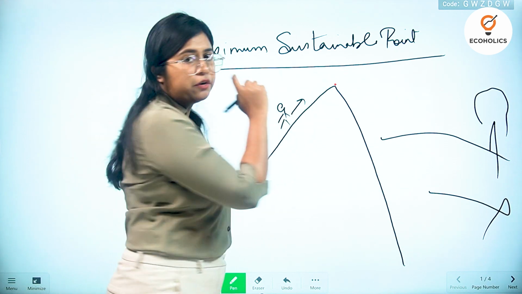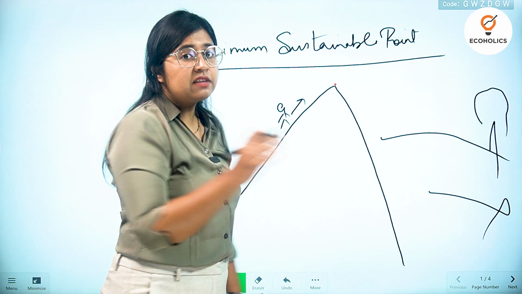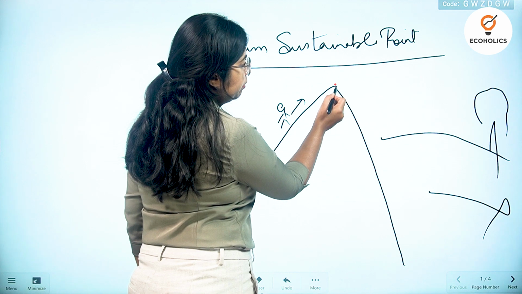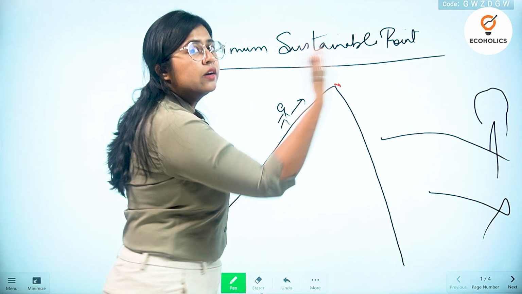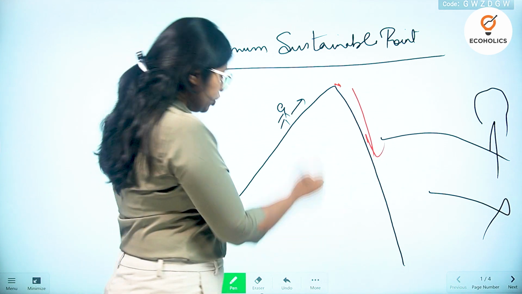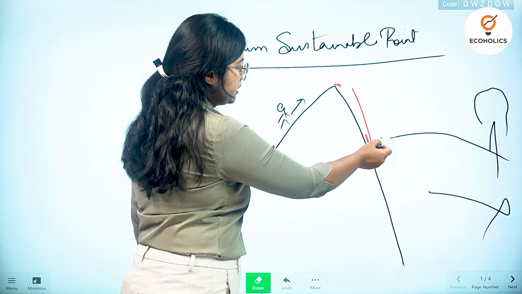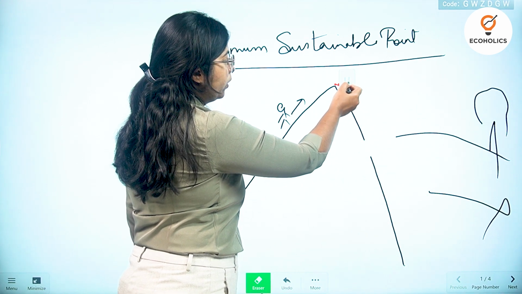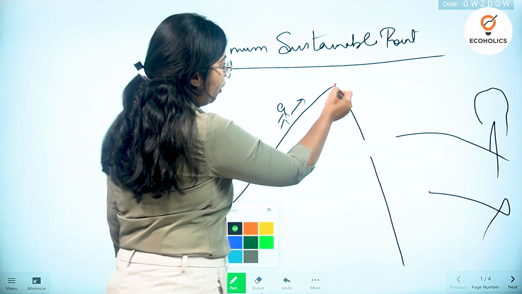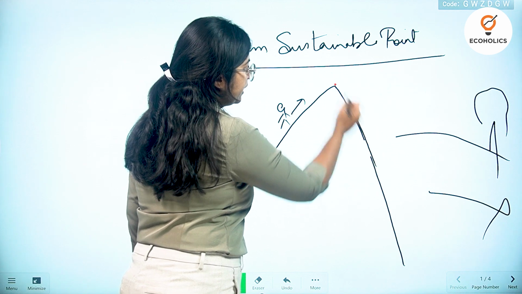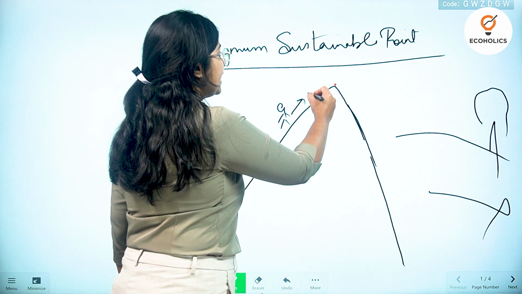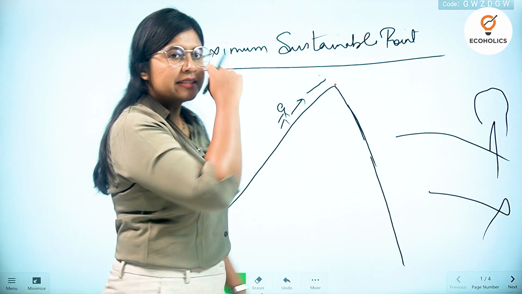But this point is a very strategic point, because if you by chance move even slightly towards the ground, you will fall, right? So you have to strategically move yourself in such a way that you are over the cliff and on such a point that you don't fall, but also take the maximum view over the cliff. The maximum sustainable point is exactly like that.